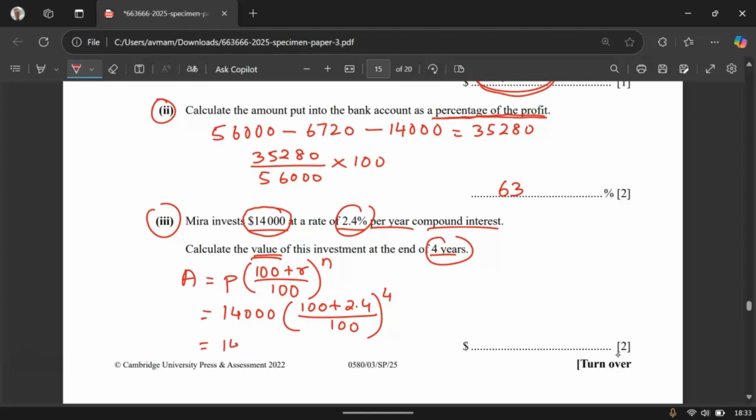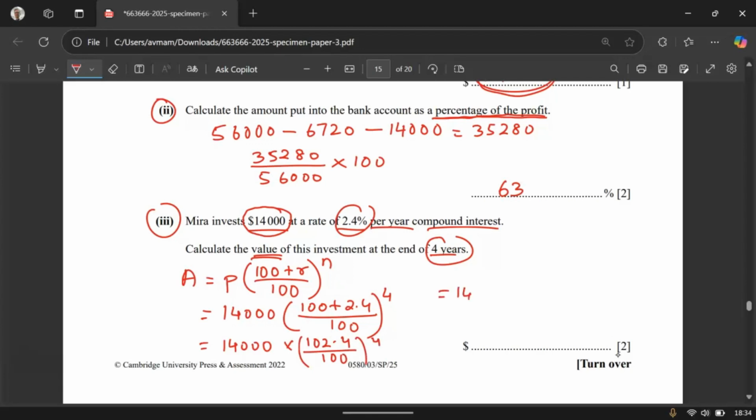Simplify this a little bit. 14,000 times 100 plus 2.4 will give you 102.4, and when you divide that by 100, this needs to be raised to the power of 4.